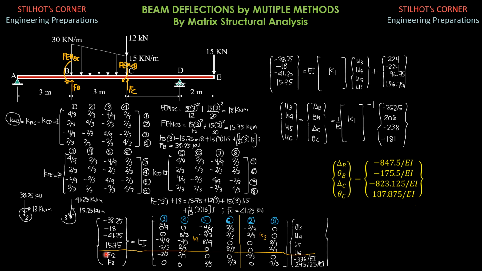So we then partition. So the numbering, the unknowns, 3, 4, 5, 6, then 2, 8.